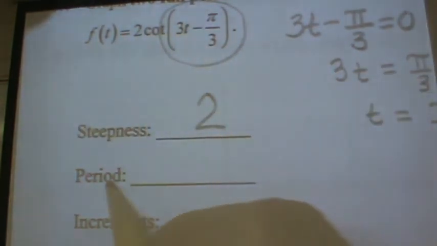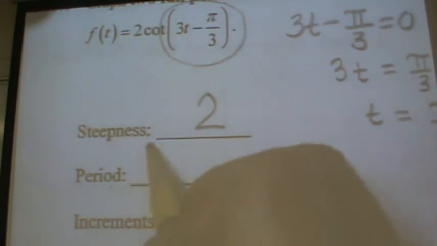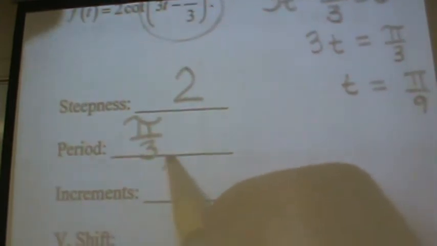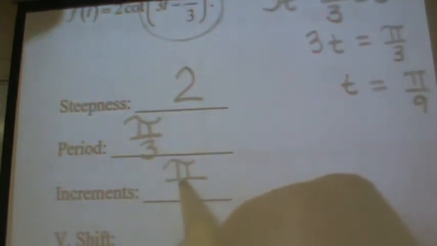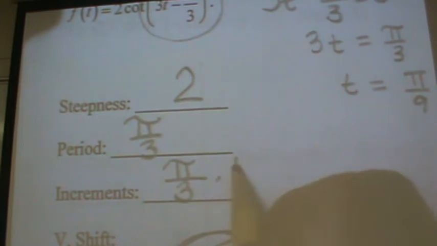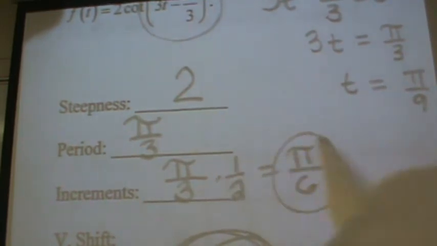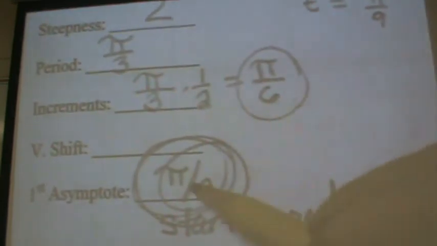Okay, so let's fill in this. Our steepness is 2. Our period, instead of 2 pi, is pi over 3. We cut our increments into parts, pi over 6. So what's wrong with these two now?